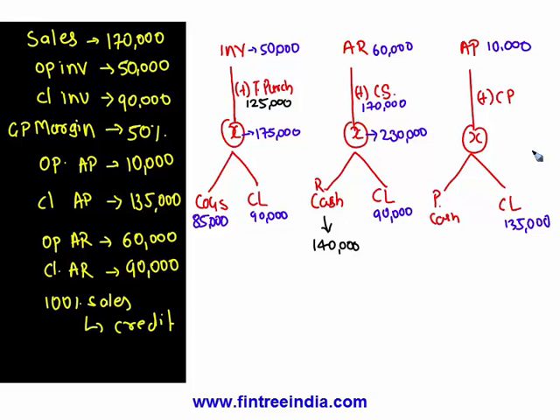Now we are on to the last one. Last one, we don't have much information. Opening accounts payable 10, closing accounts payable 135. Neither do we have credit purchase nor do we have cash. But logic that we can use is that since this is 135, from 10 to 135, minimum amount of credit purchase should be 125 and total credit purchase is 125.